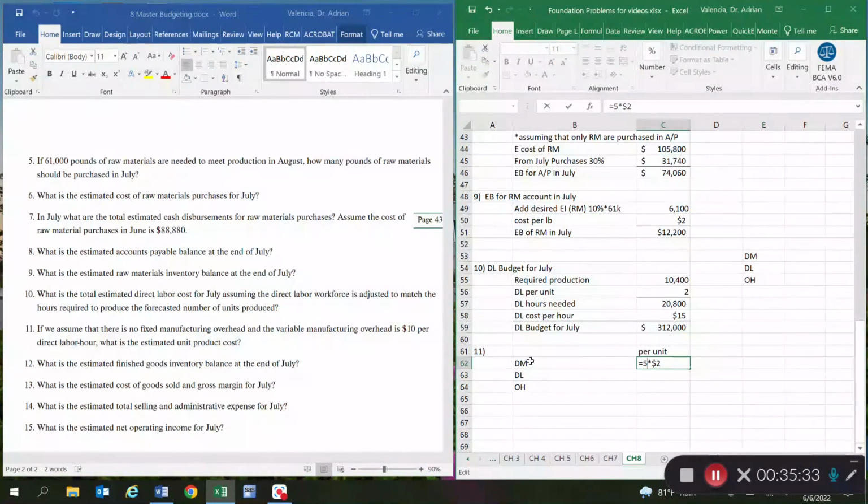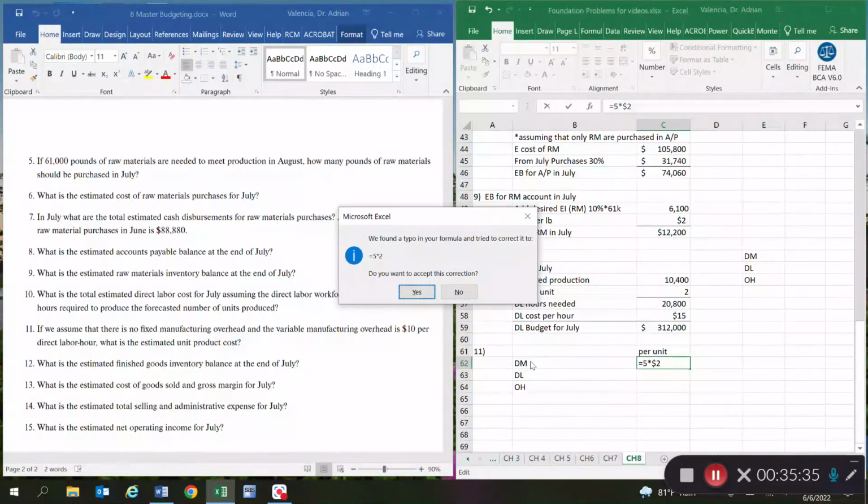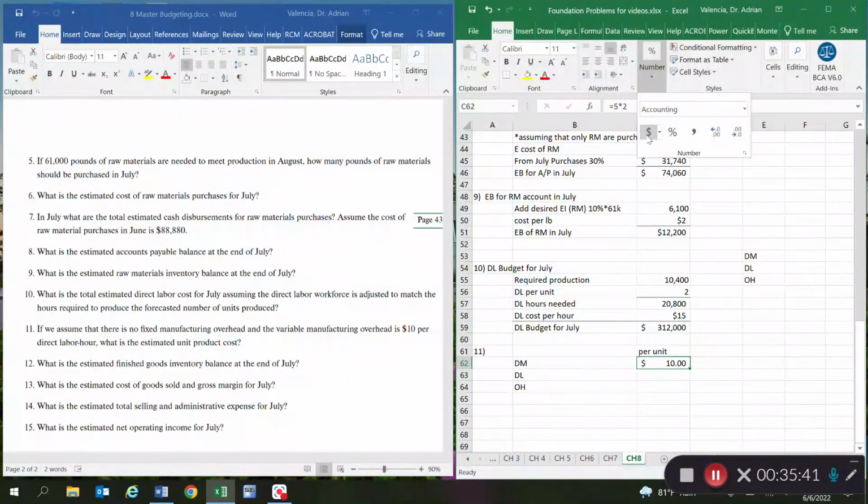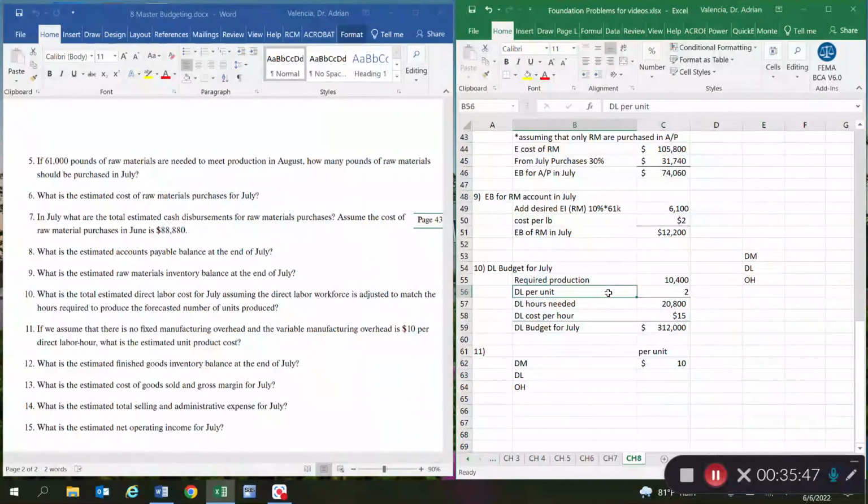Okay, so this is 5 times 2, and that's $10. Let me put a dollar sign on these. Then direct labor, we were told that each item takes 2 hours, and we pay $15 per hour. So that's going to be equal to 2 times 15. And again, that's $30.